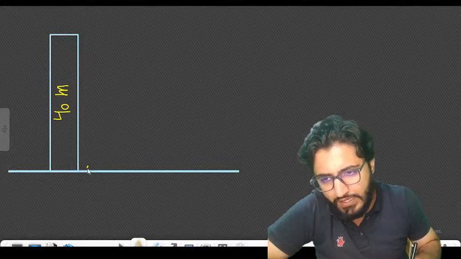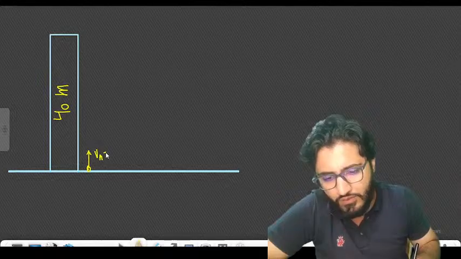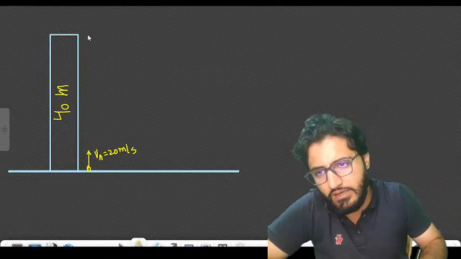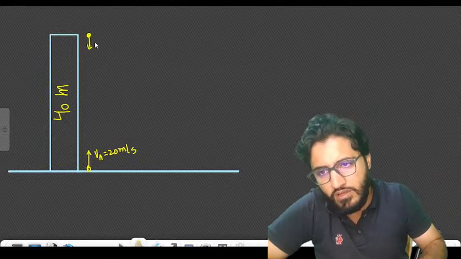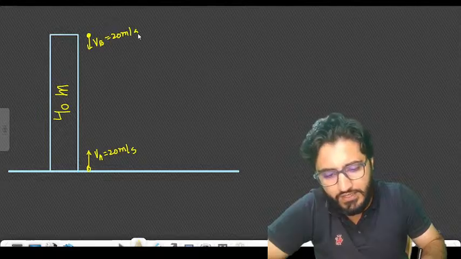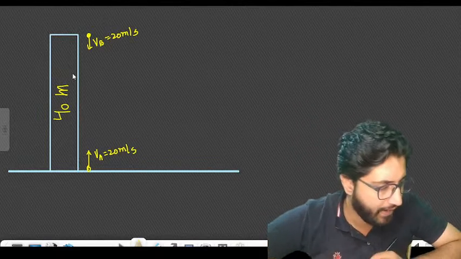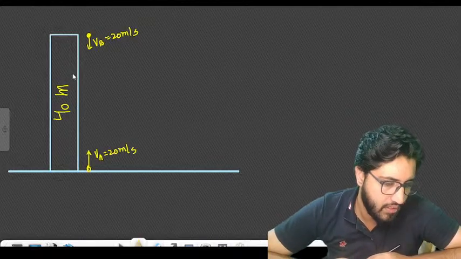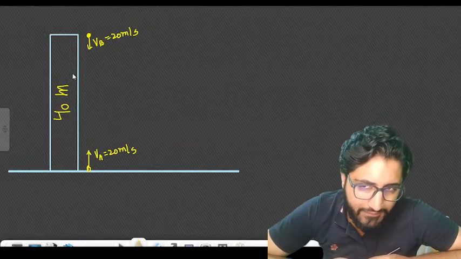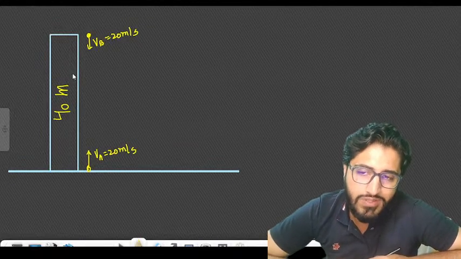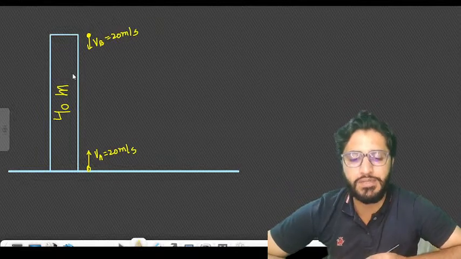We threw particle A. Velocity of A is given as 20 meters per second. Here, velocity of B, 20 meter per second. Find the timings after which your particle will meet out. Find out the height at where they will meet.